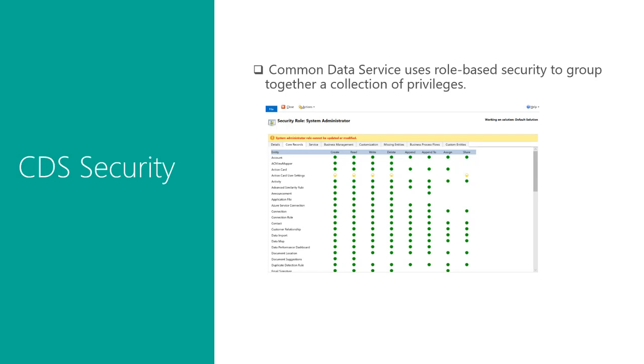But if it's a deep access, then the access level is given to a user for a particular business unit or subordinate business units, or the child business units, if I use that word. And if you say local, the access level gives the user access to records within the user's business unit itself. And then the basic is just the records that you create.